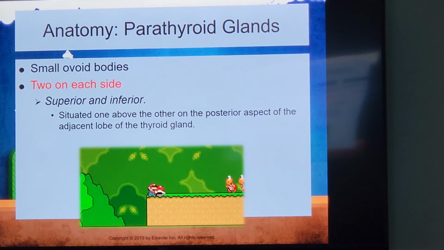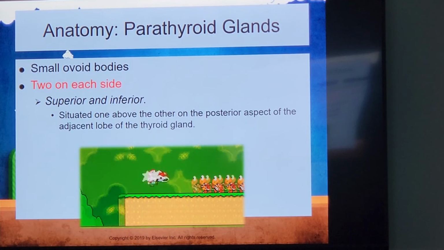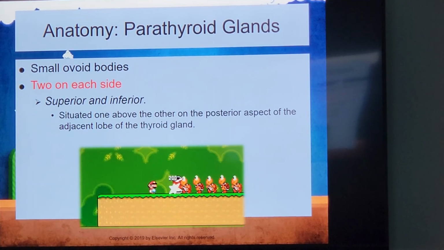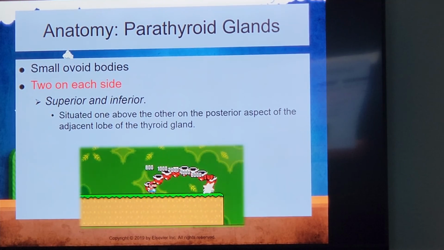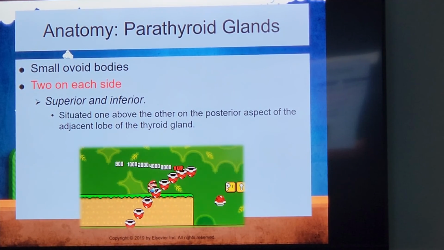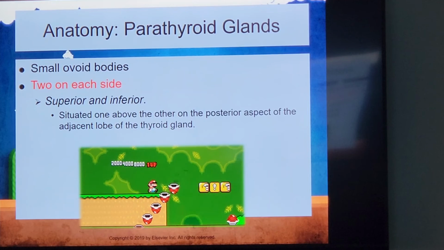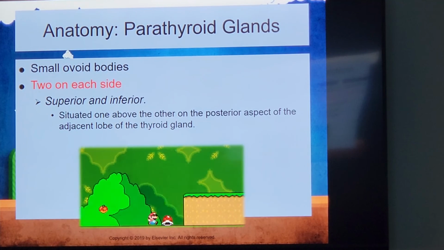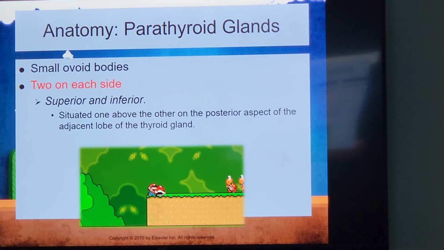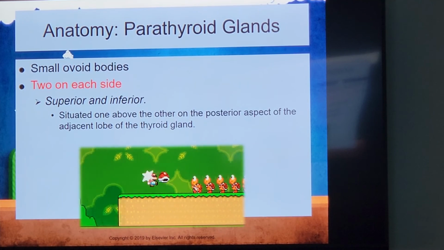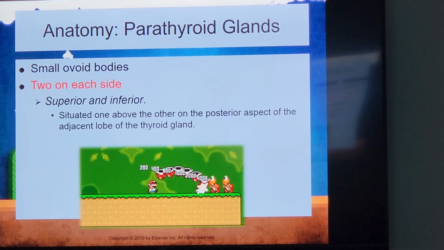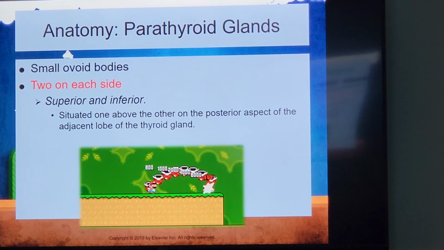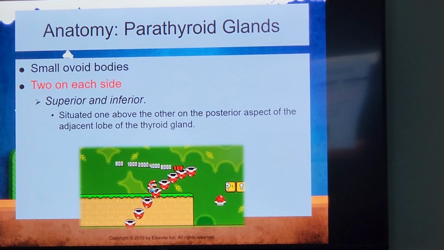Okay, so the parathyroid glands, where do they sit? On top of the thyroid, I'm sure. Yes, on top of the thyroid. There are two actually, a superior portion and an inferior portion. So there are two on each side for the respective thyroid glands, superior and inferior, situated one above the other on the posterior aspect of the adjacent lobe of the thyroid gland.